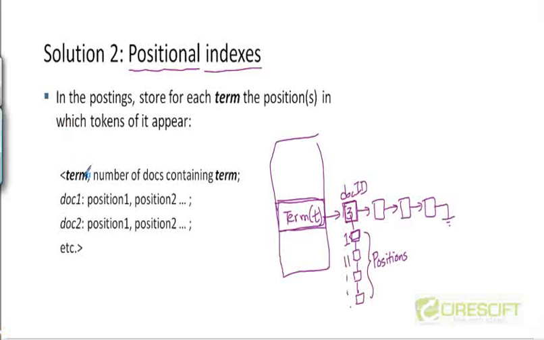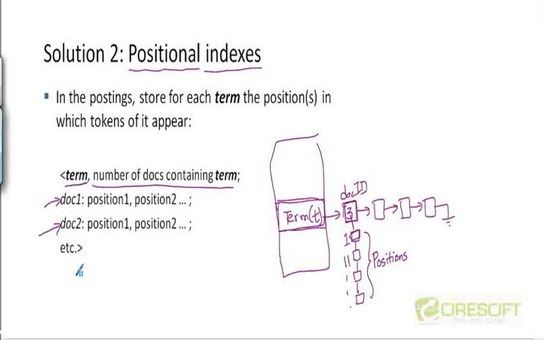So think of a positional index as being represented in this particular way. You have a particular term, and of course, along with the term, you are maintaining the document frequency as before. But you have these postings lists. So this is the first entry of the postings list.